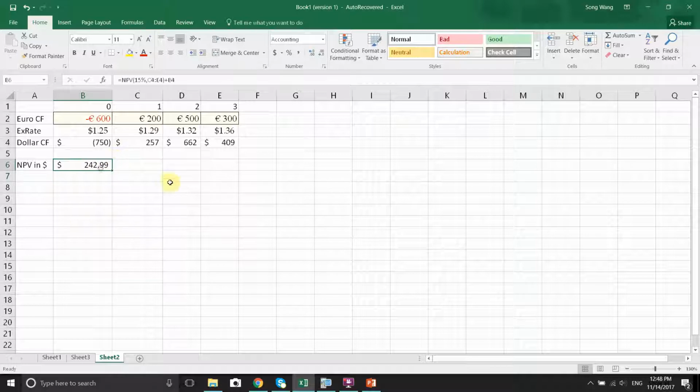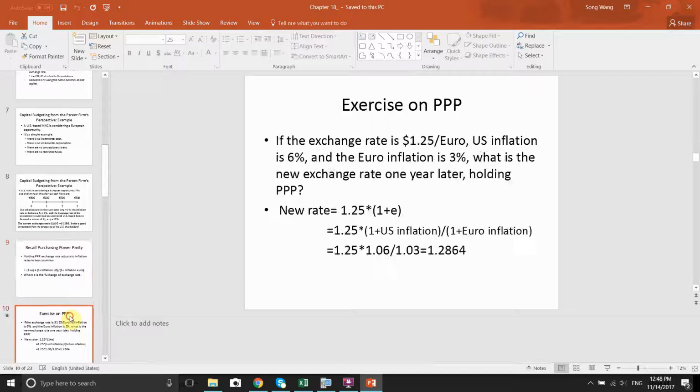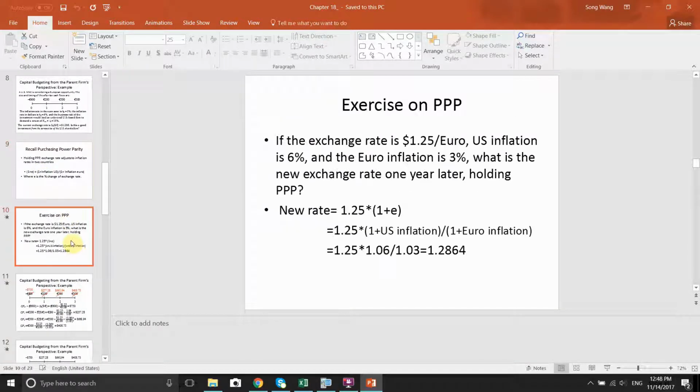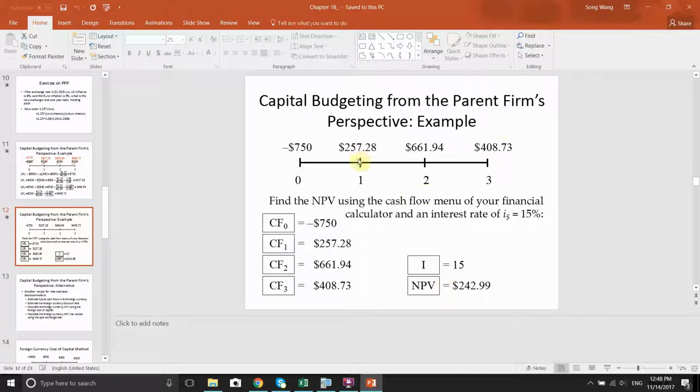So this is how much you get for the NPV. Nice and easy. And right here, it teaches you how to get the exchange rate in the future based on purchasing power parity. This is something we covered in chapter 6. You convert all the euro figures to dollar figures, and then you compute the NPV based on these converted dollar figures.